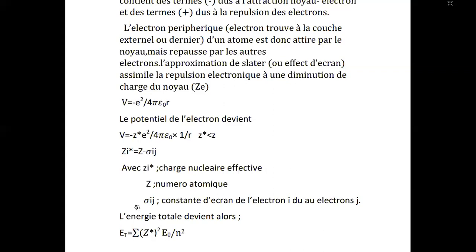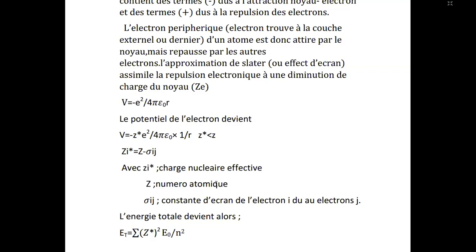Then phi ij represents the shielding constant. Z, the atomic number, is the number of protons of the element considered, the element which is given.